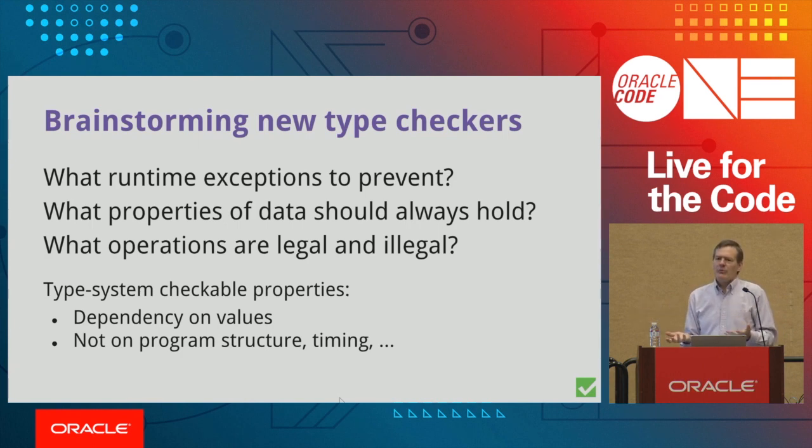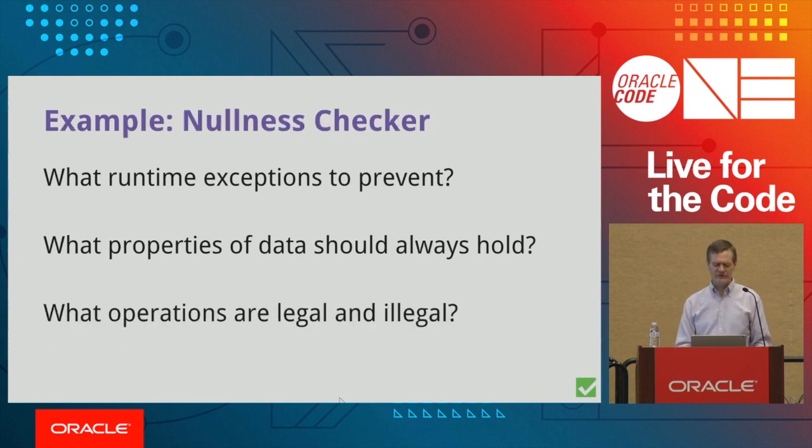And finally, what are the operations that are legal for that data, and what are the operations that are illegal for that data? So anything that has a dependency on values, the values that are allowed at runtime, or anything that has a dependence on provenance, where data came from, those are great type system properties. But type systems are not good for things about program structure, not good for things about timing, and so forth. Let me show you a couple of examples.